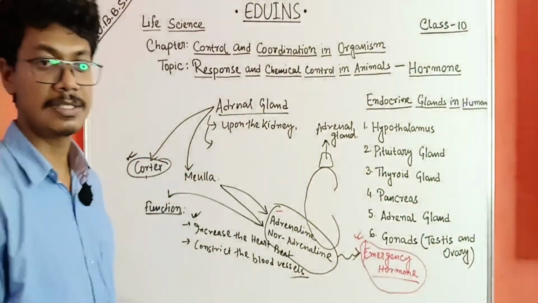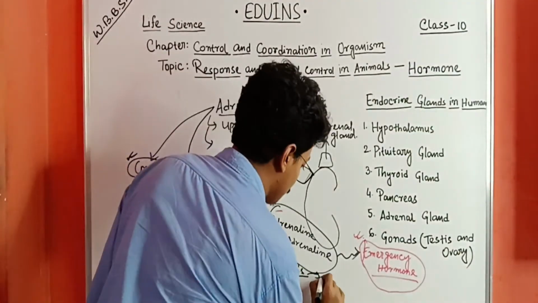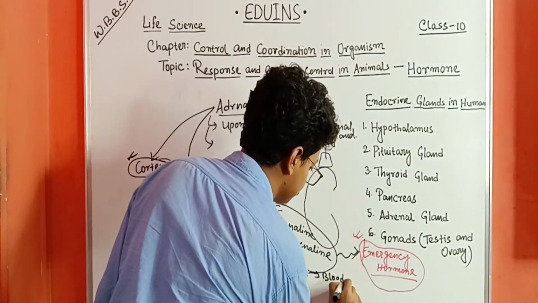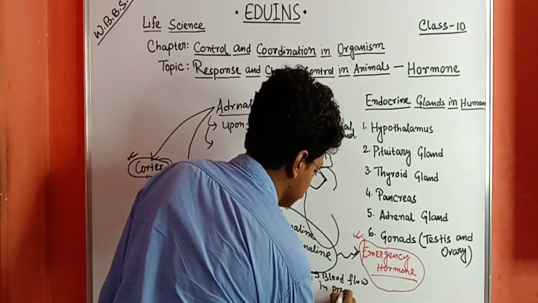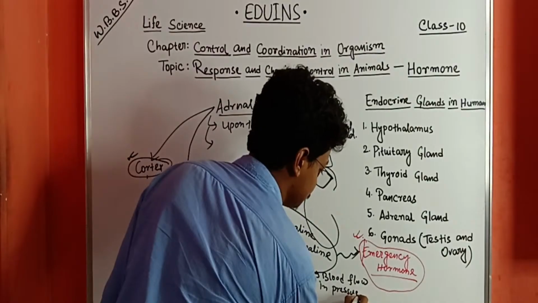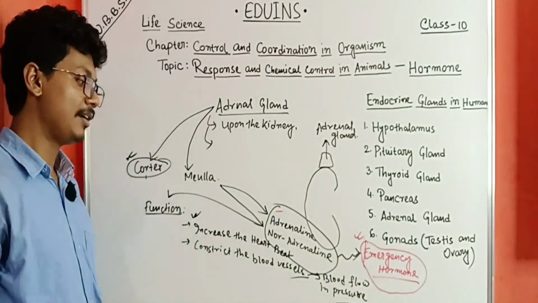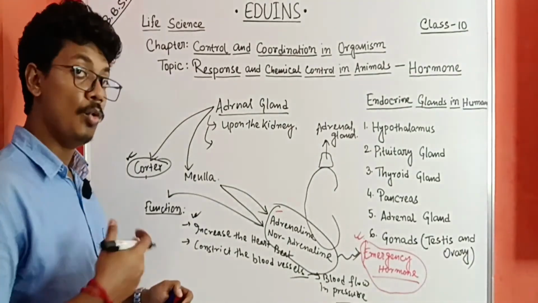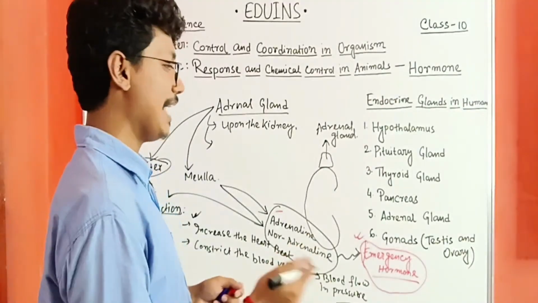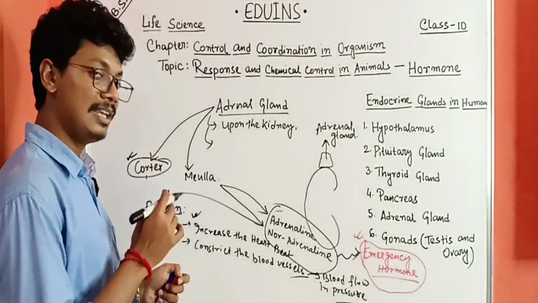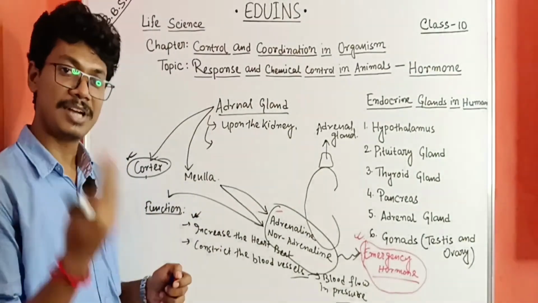Constriction of the blood vessels increases the blood pressure. So more blood will reach our muscle cells, like when a dog is barking behind me, so I can run.